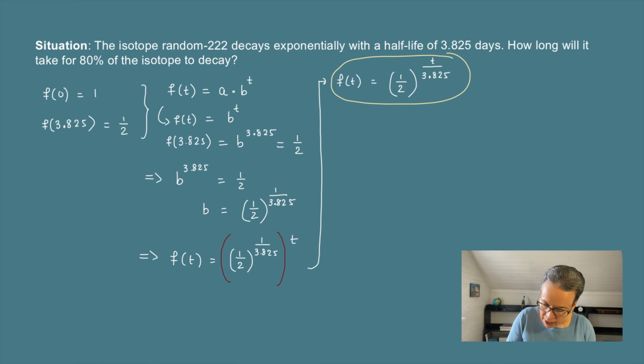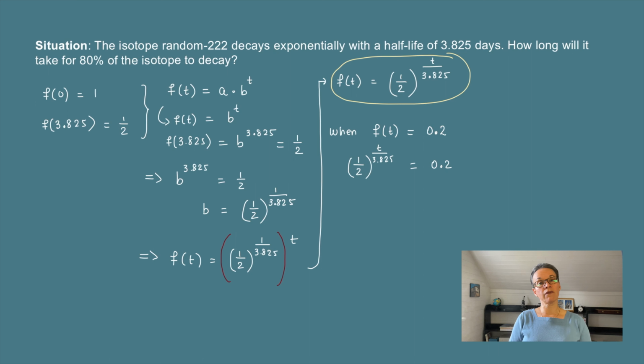So when will f of t equal 0.2 of what it was originally? We said that originally we had 1 for the original amount, so 1 times 0.2 is 0.2. So we're going to take the function, set that equal to 0.2, and now solve for t.